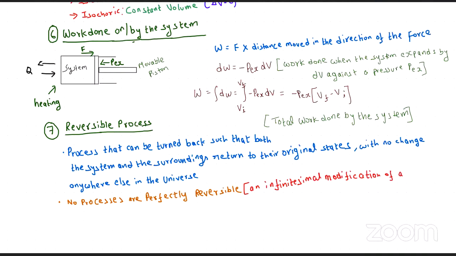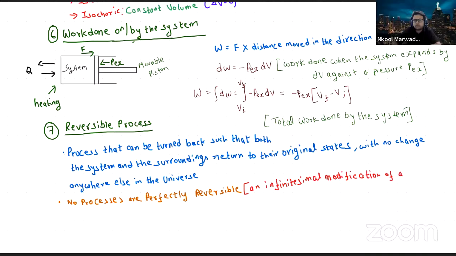So what does this mean? This means that when we try to get back to the original state, a very minute modification takes place in the real world. Theoretically, in a reversible process, we should be able to get back to the original state without any change. Everything should be as it was earlier.